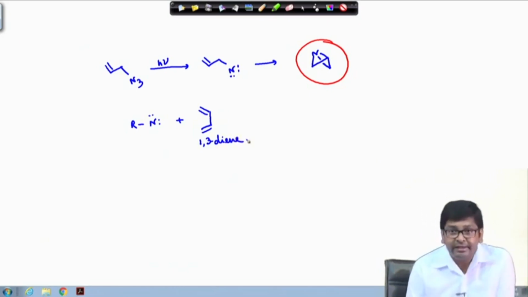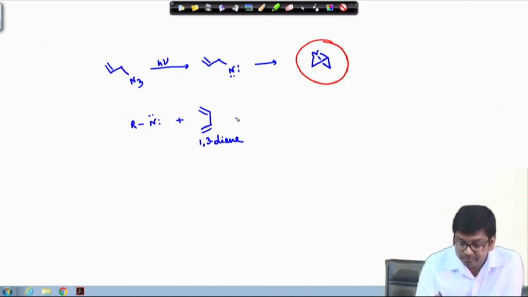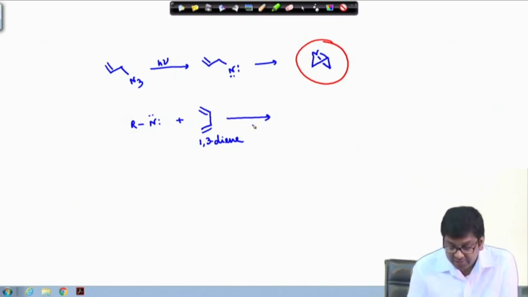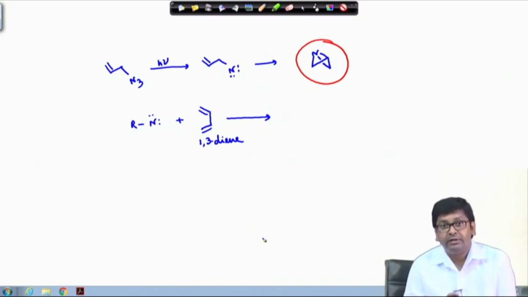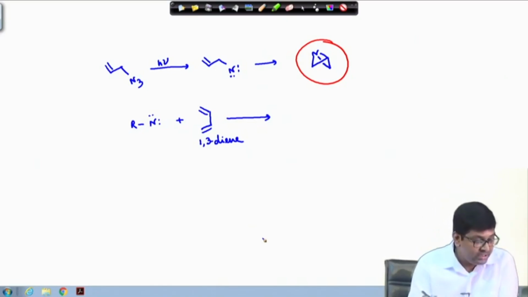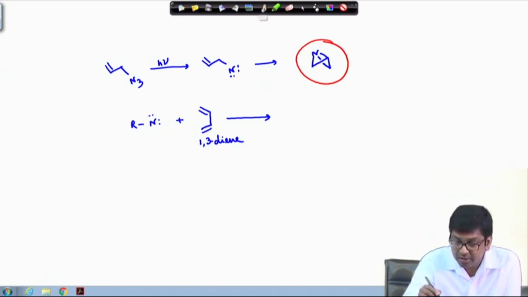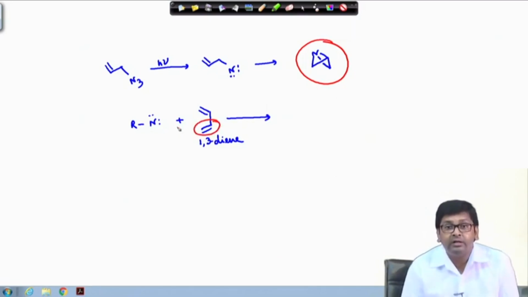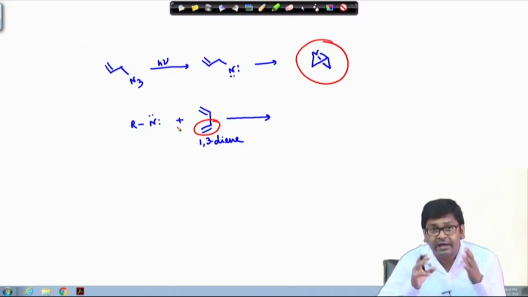So, if we take this now, in this case, if it reacts with the corresponding nitrene, only the 1,2 addition will happen. That means this will only react with one of the olefins, as we have seen in the case of carbenes also, which react in a similar fashion.